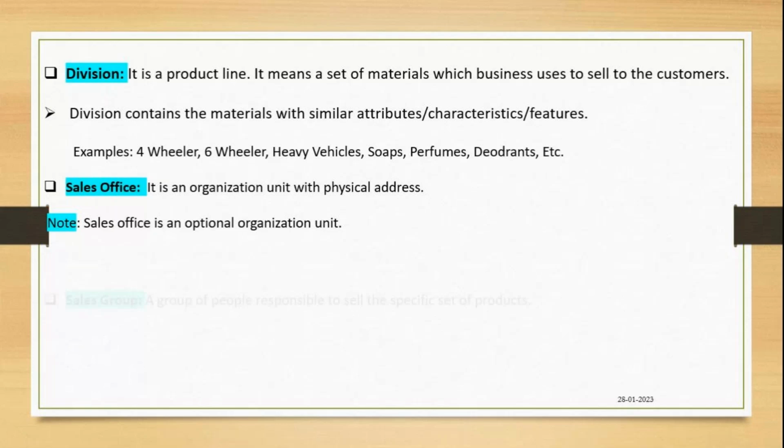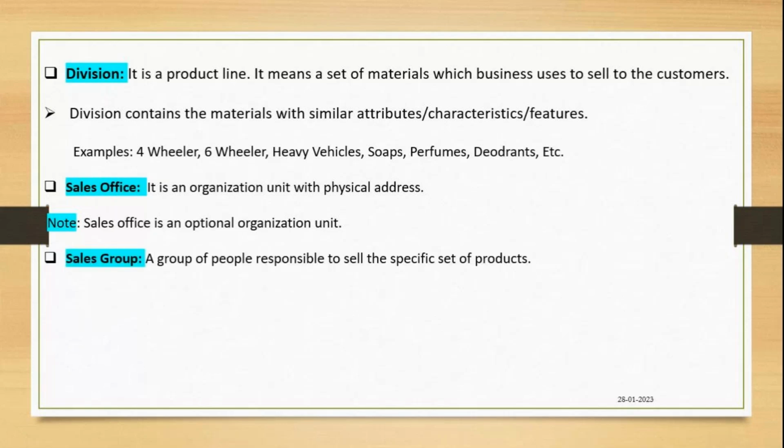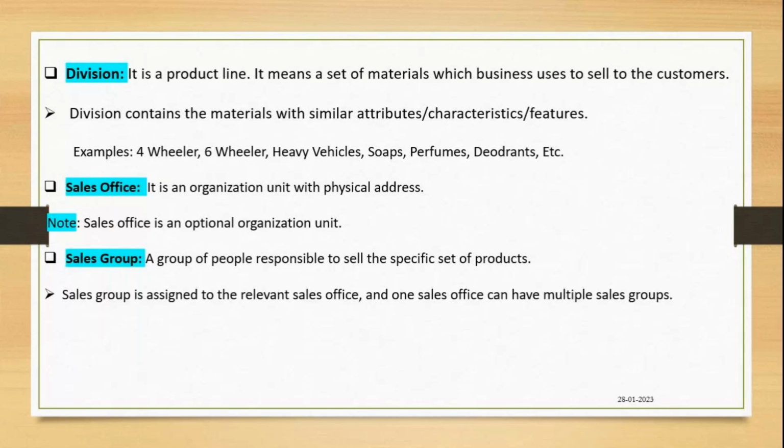Similarly, a sales group is a group of people responsible for selling a specific set of products. A sales group is assigned to the relevant sales office, and one sales office can have multiple sales groups. If you go to a shop, in the apparel section there is a set of employees. In the home appliance section there is another set of employees.